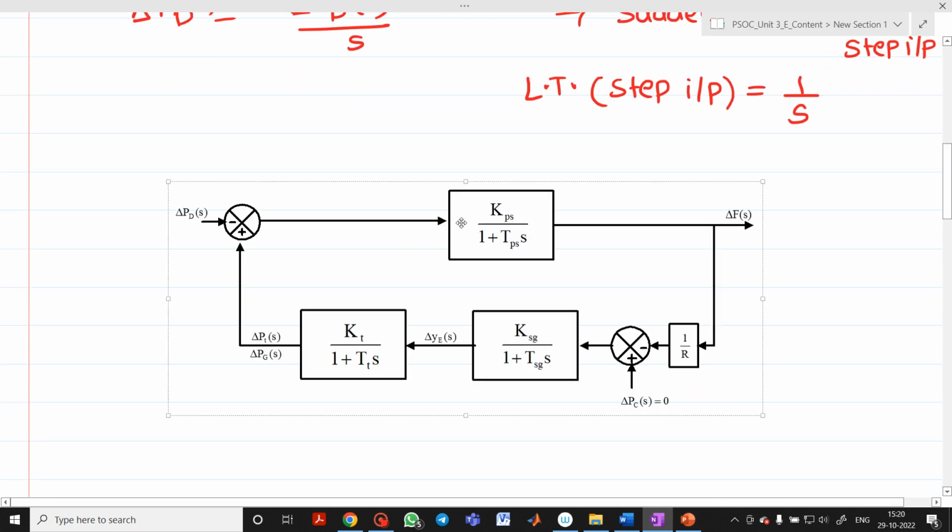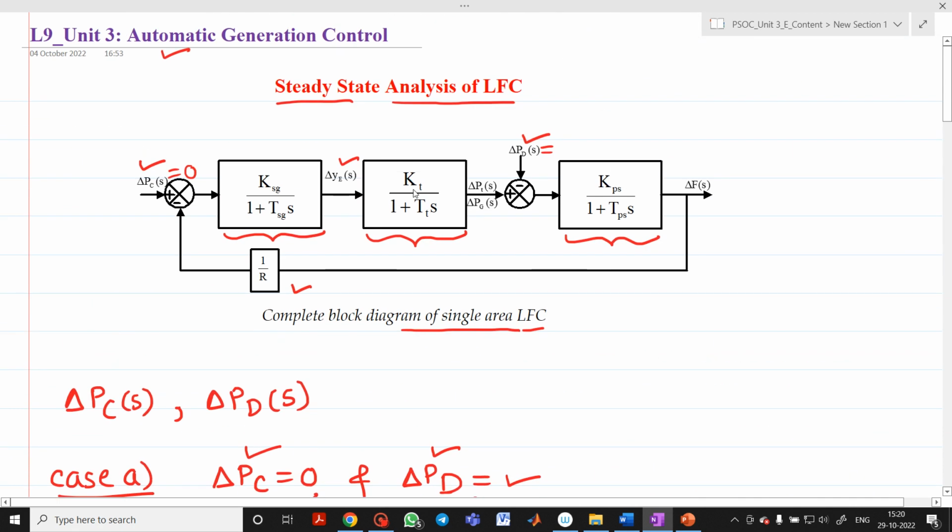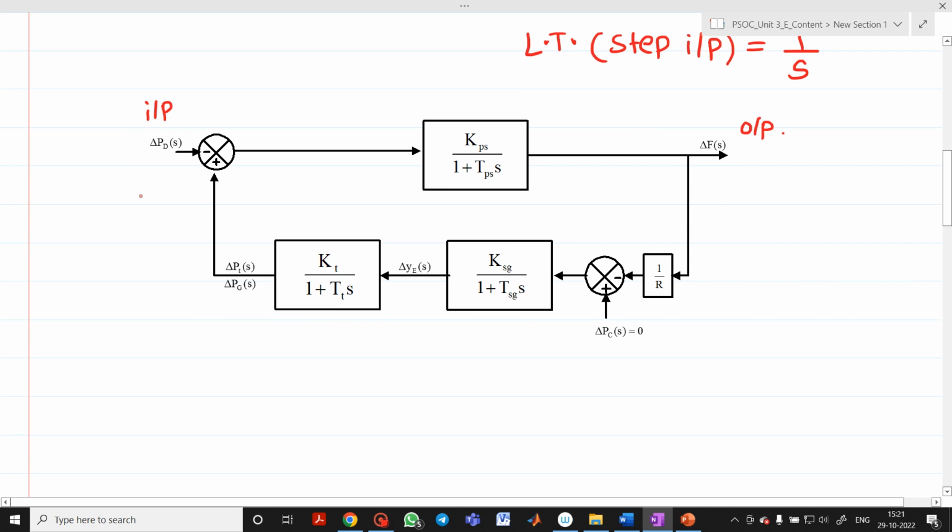So we will get such a diagram for case A. This is delta PC equal to 0. Now this will be your input and this will be your output. I have just redrawn this diagram. This delta PD, then KPS, delta F output, and everything else that is to be there will act in a feedback. So it looks like this. Delta PD of S, then this.